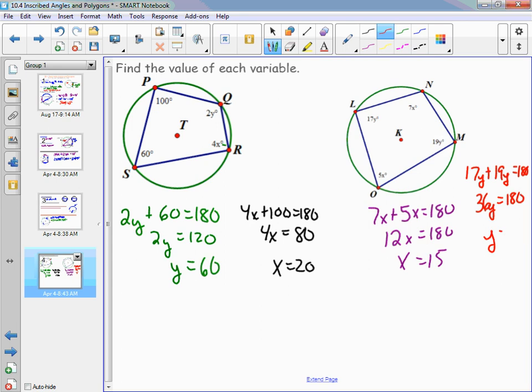And we find that x equals 15 and y equals 5. This section is pretty straightforward, just a matter of making sure you show your work and your setup and solving each of these.